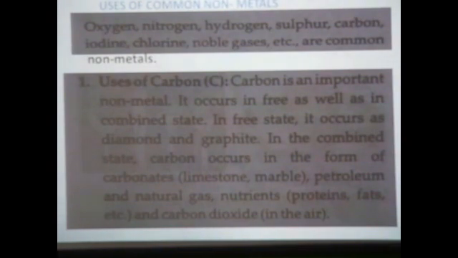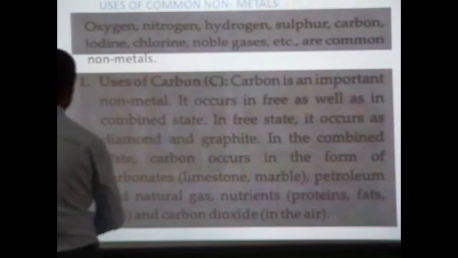So which are the non-metals? Oxygen, nitrogen, hydrogen, sulfur, carbon, iodine, chlorine, and noble gases, etc. are common non-metals. Previously noble gases were also classified under non-metals, but now elements are classified into 4 categories: metals, non-metals, metalloids, and noble gases.